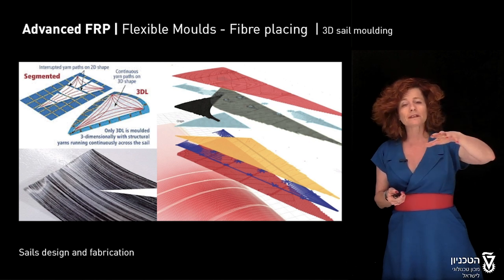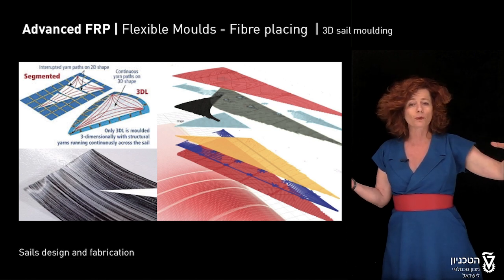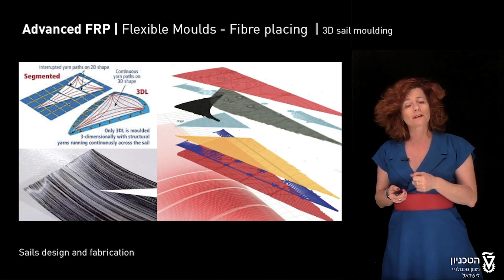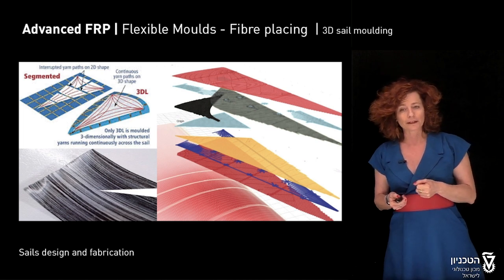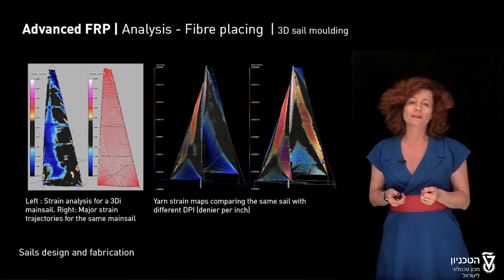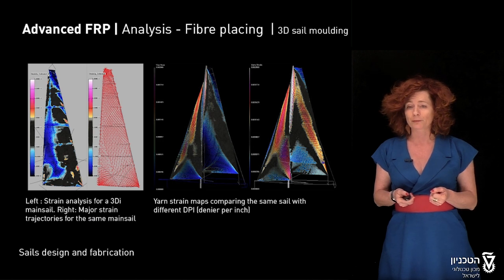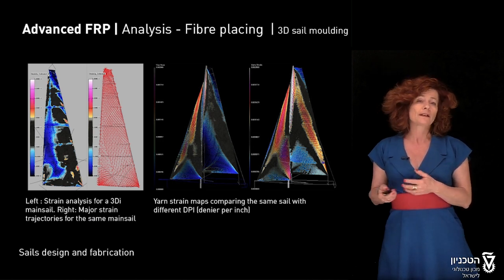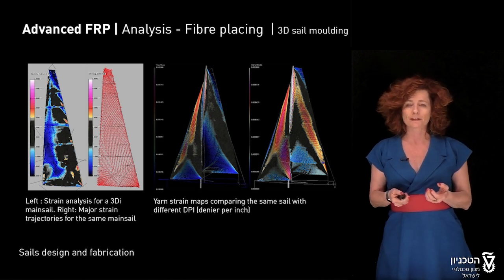So you have one continuous shape that is laid over one large 3-dimensional mold, and fibers are layered accordingly. This leads to a highly efficient performance of the material, a highly performative structure of the sail that is designed according to the stress patterns.